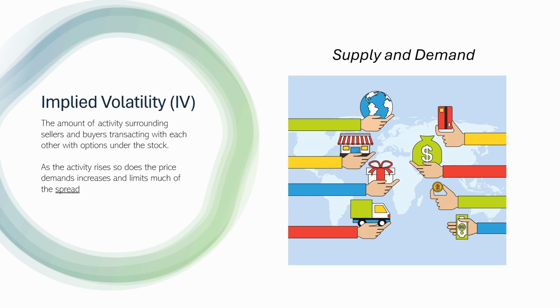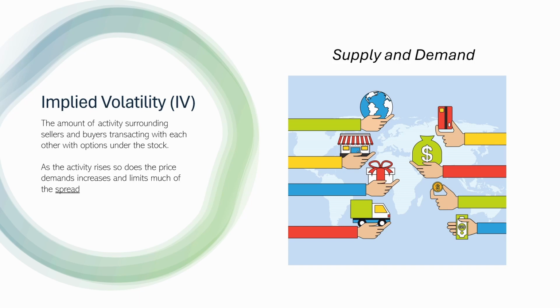So you don't have to worry about what spread means until now. We'll discuss those in other lessons because it's a bit more advanced topic. But as of right now, I just want you to understand that the volatility is determined based upon the supply and demand of the option of the stock. So if there's more demand than supply, people are offering a higher price than what it should be.